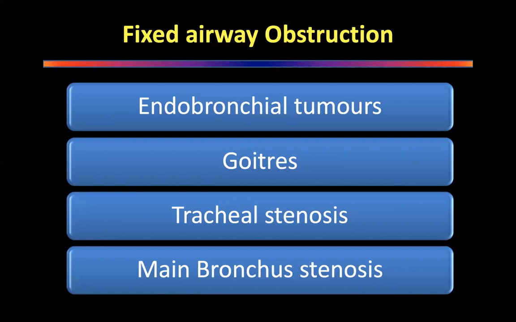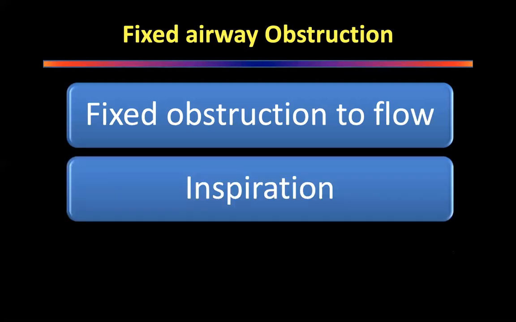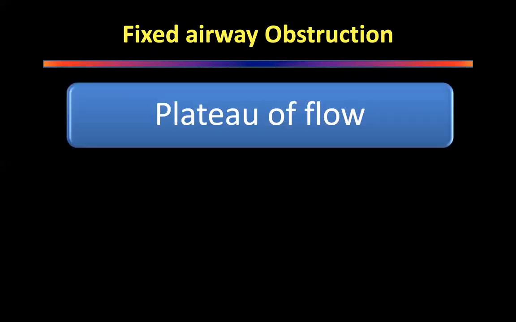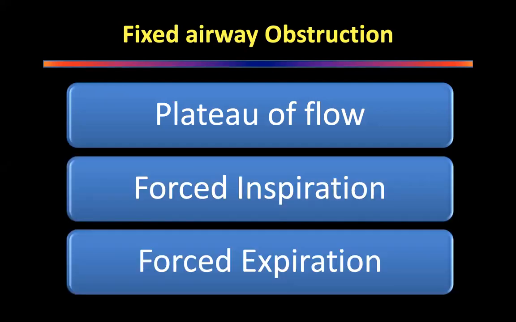So what happens in a fixed airway obstruction? There is a fixed obstruction to flow of air. So it is both inspiration and expiration. You cannot blow it open during inspiration or blow it open during expiration. Both are actually cut off. So what you get is a plateau of flow both in inspiration and in expiration.